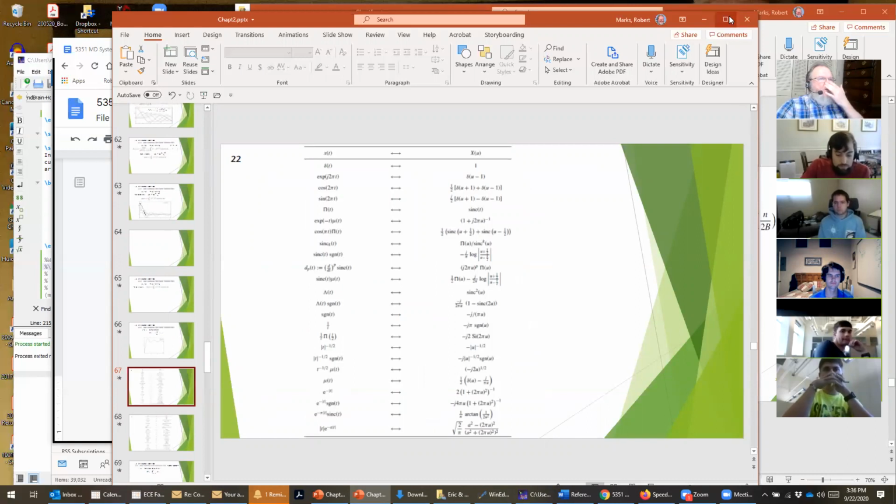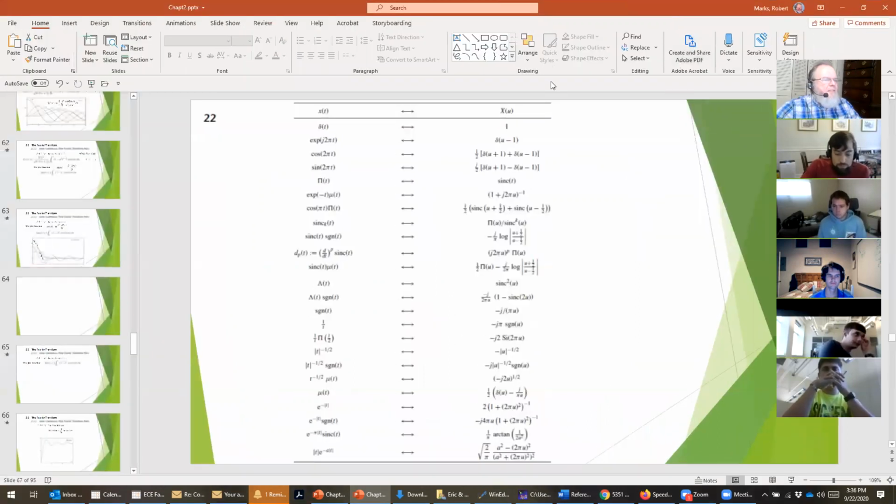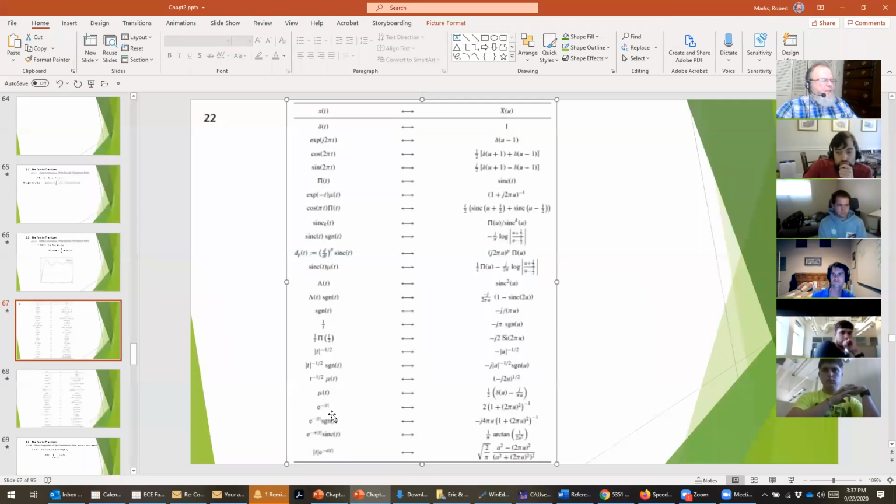So the question is looking at this, is there any place on here where one of the sides looks like the side that was given by the homework? And I think that probably this one's it, right? You see the e to the minus magnitude of t? And this has a Fourier transform, which looks a lot like what you were asked to do in the homework, right?